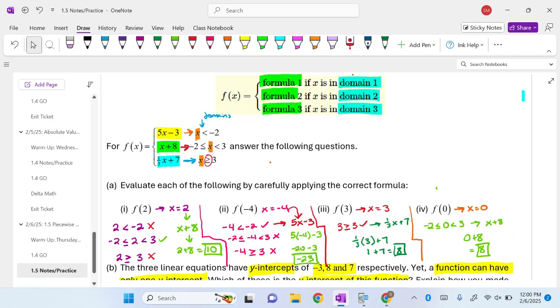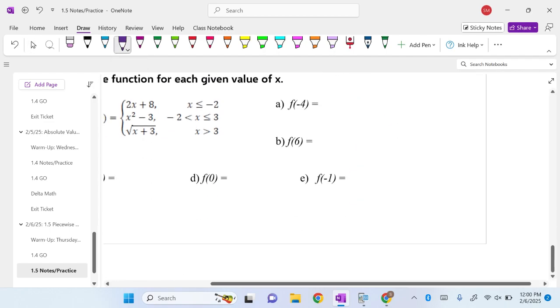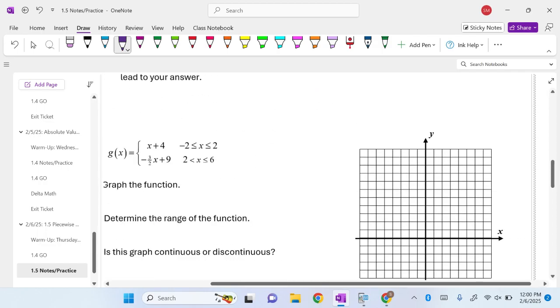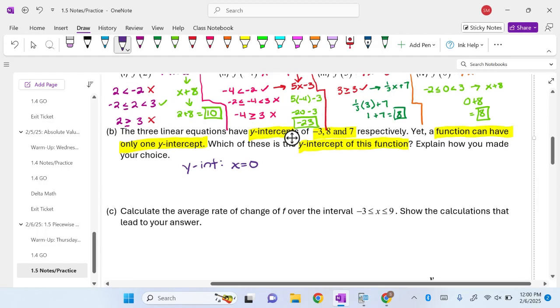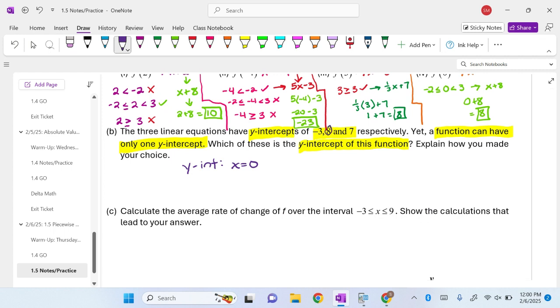Because if x is 0, 0 is between -2 and 3. So my y-intercept has to be 8, because that's the y-intercept of the middle function. That's the only part of the piecewise function where x equals 0 fits the domain.